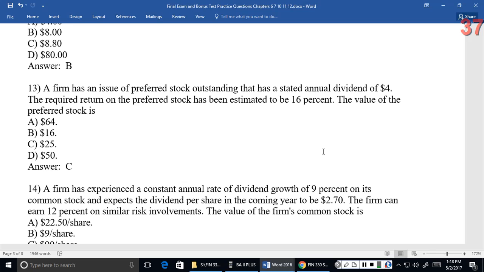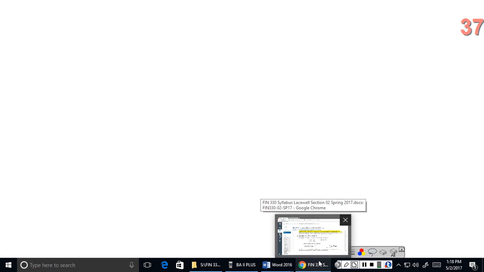So the formula for the zero growth stock is simply the dividend divided by the required return. So in this case, we know the dividend, $4. We know the required return, 0.16. So if we take 4 divided by 0.16, we're going to come up with, let's say, $25.